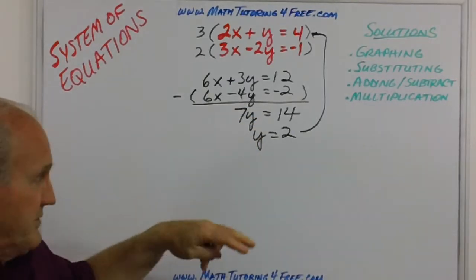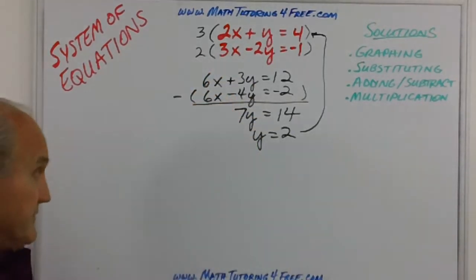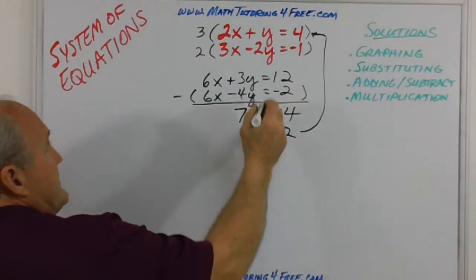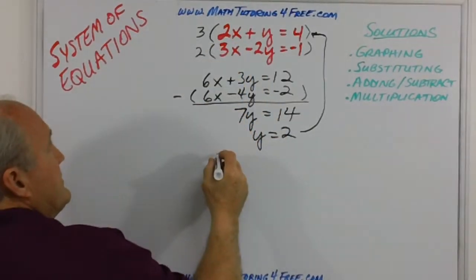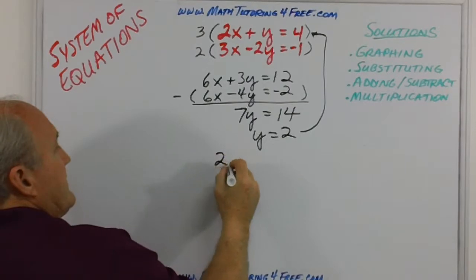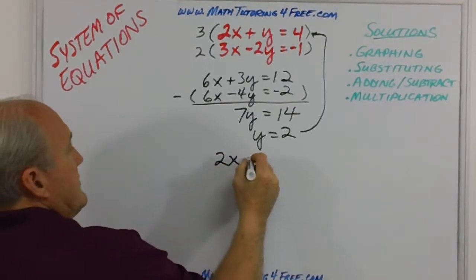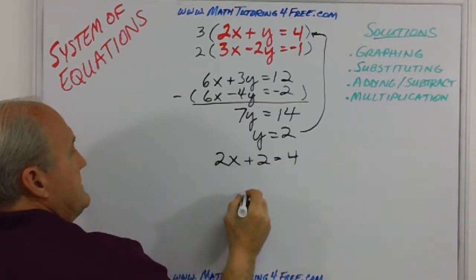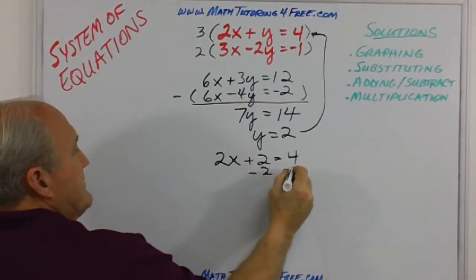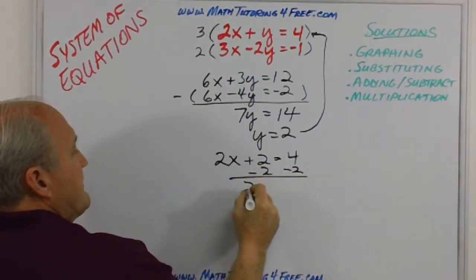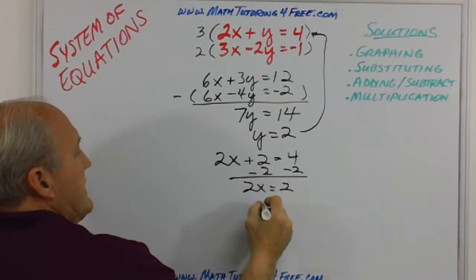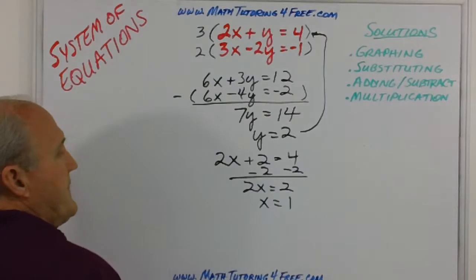So to be really certain, you want to go back into the first equation. If we substitute 2 in for y, we have now 2x plus 2 is equal to 4. Subtract 2 from both sides. We have 2x is equal to 2. X is equal to 1.